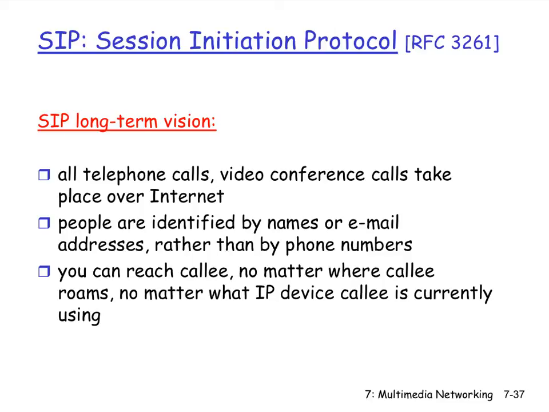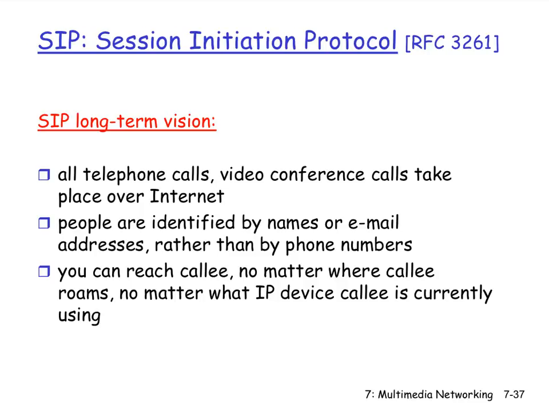If you remember, in the beginning of the course, we talked about circuit switched networks, and we said that circuit switched network is deterministic in providing quality of service because we establish a virtual circuit which is dedicated. So in that case, it's easy to provide quality of service. But of course, the long-term vision, which has been achieved to a great extent nowadays, is to have the majority or even 100% of our voice conversations and video conversations over the normal internet.